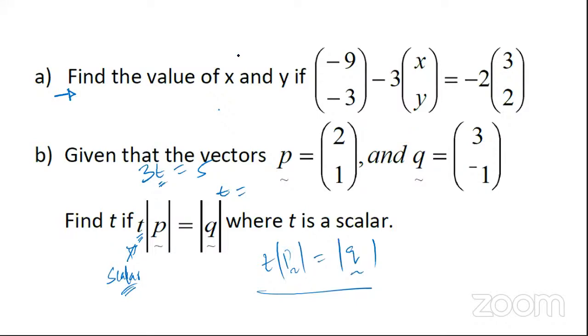Okay, I think we can close, unless Bakita. Yes, teacher, sorry for asking a question at the last moment. About the assignment, do you first find the magnitude of P and Q, then you find the value of T, or you first multiply the scalar T by P?